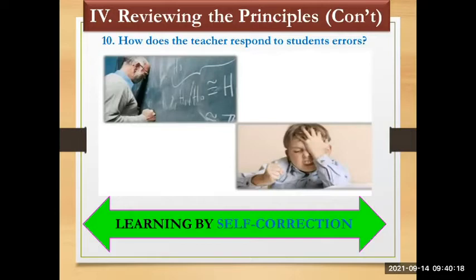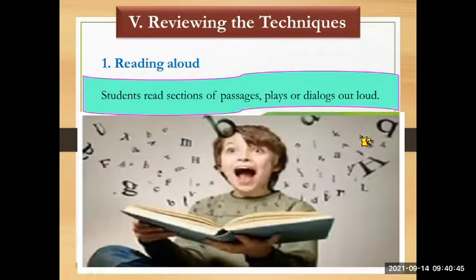But of course, before the students can correct themselves, you need to point out or maybe make some follow-up questions for them to realize that the sentence is wrong or their answer is wrong, by maybe giving them choices. What do you think is the correct answer? Is it like this or like that? Maybe that way helps them to figure out that they got the wrong answer there. All right, so those are the 10 principles.